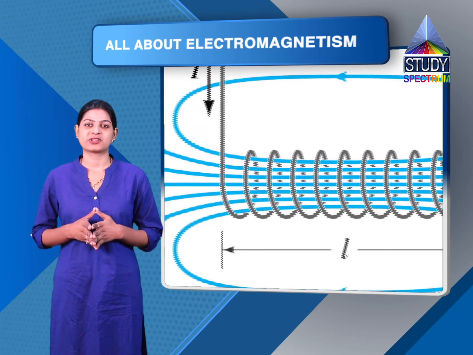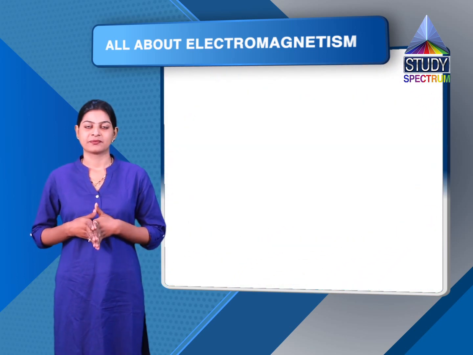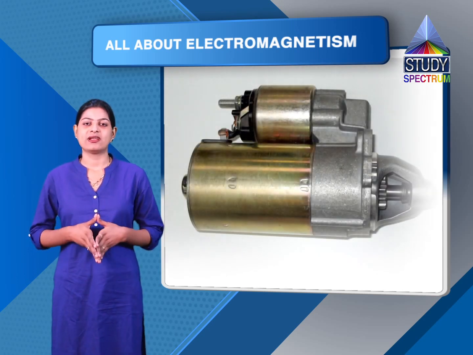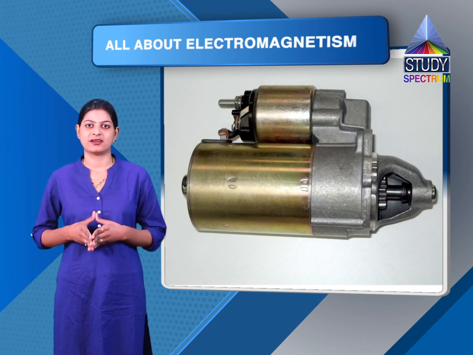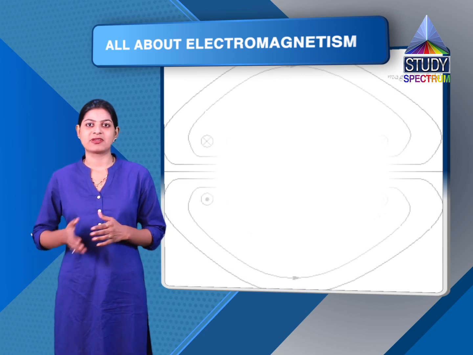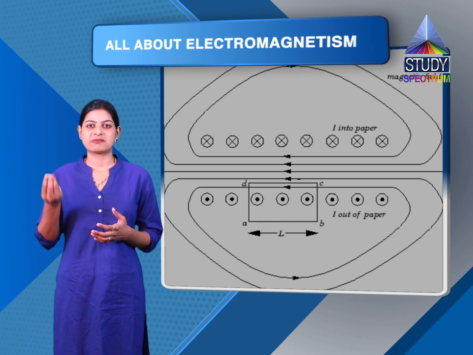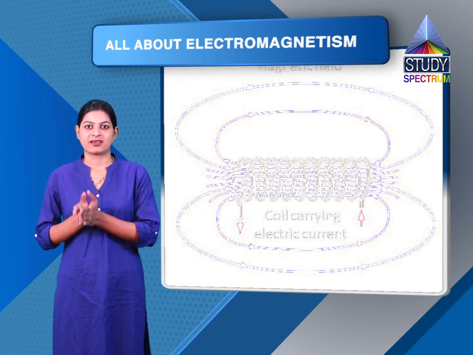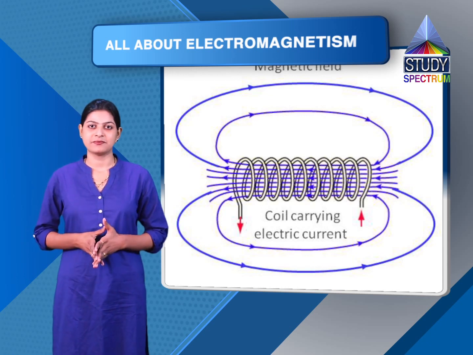The second question is solenoid. What is a solenoid? A solenoid is a conductor which is coiled with an insulated copper wire and is carrying current. The conductor then gets transformed into a magnet, in which magnetism is induced. So a solenoid is a device which consists of induced magnetism.